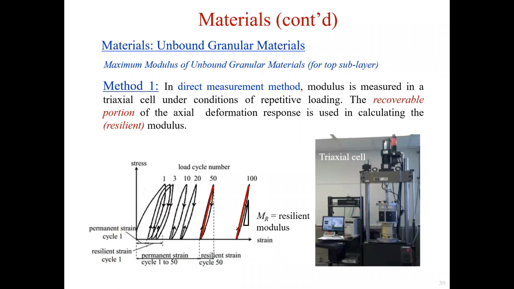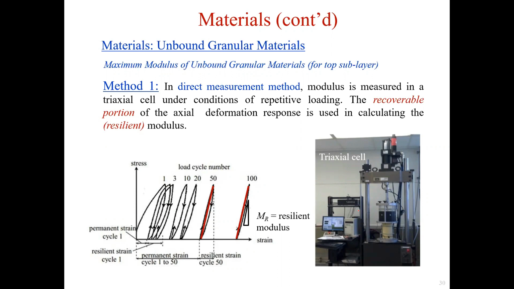After talking about the subgrade, let's look at the unbound granular materials. There are two methods to measure the modulus of the unbound granular materials: the direct measurement method and the presumptive values method.